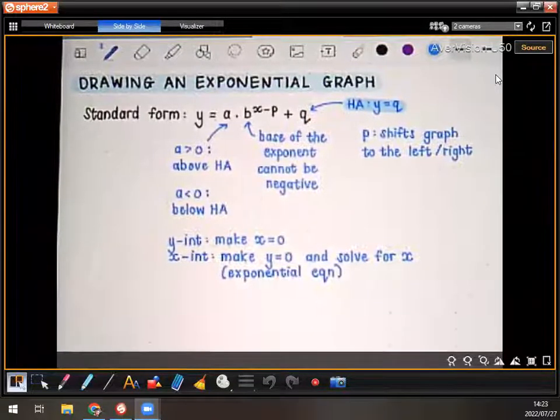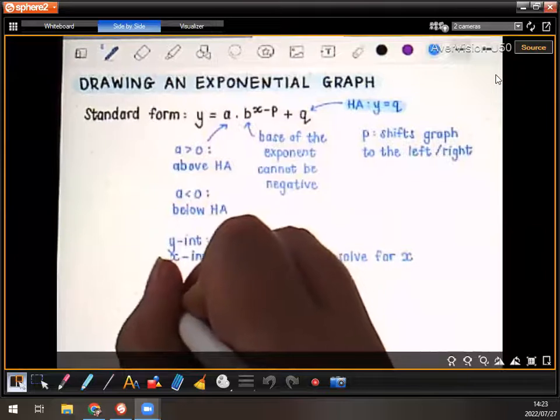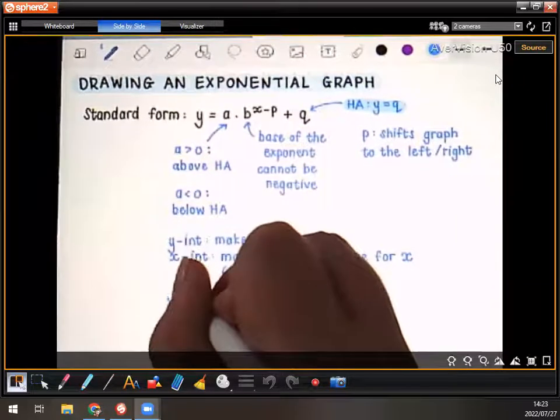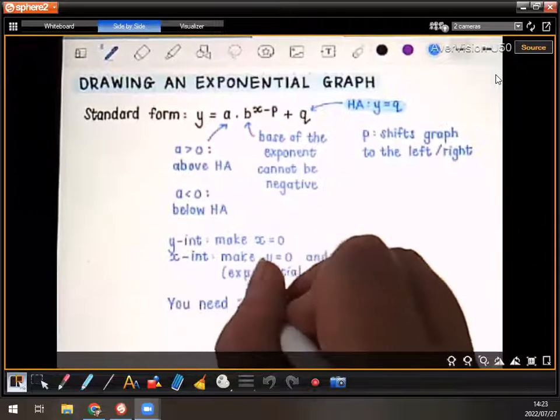Okay, we're going to do a few examples. I'm going to start with one that's quite basic, just so we can get the actual calculations correct. Guys, one thing about an exponential graph, you are going to need 3 points. Okay, so I'm going to write that. You need 3 points.